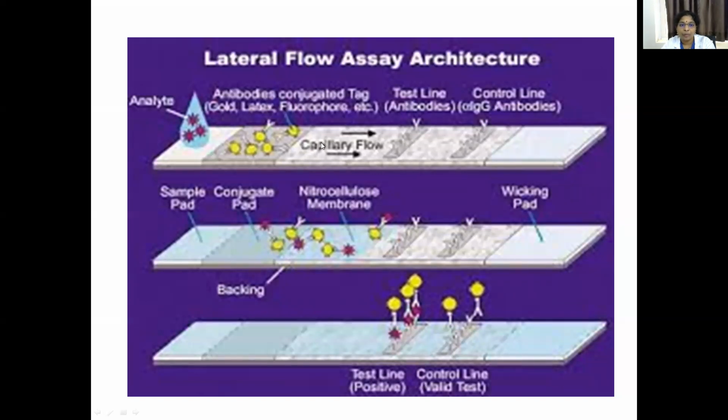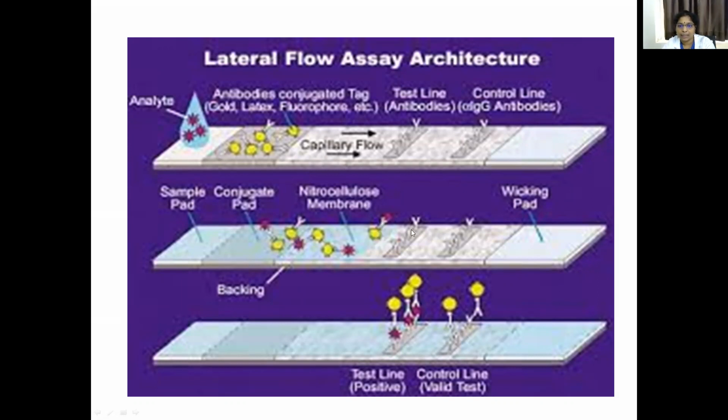The sample moves in the lateral direction by capillary flow. When you add the test sample, the antigen present in the sample, the red one, will bind to the colloid gold antibody.